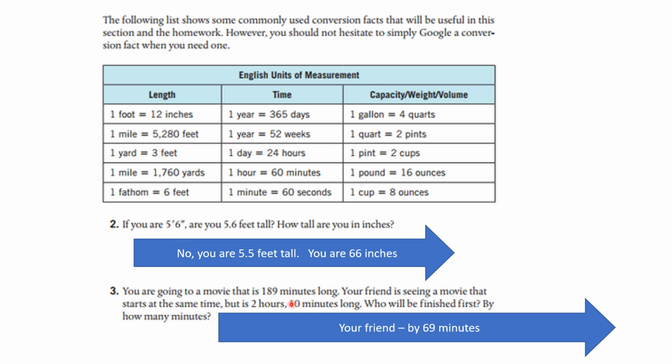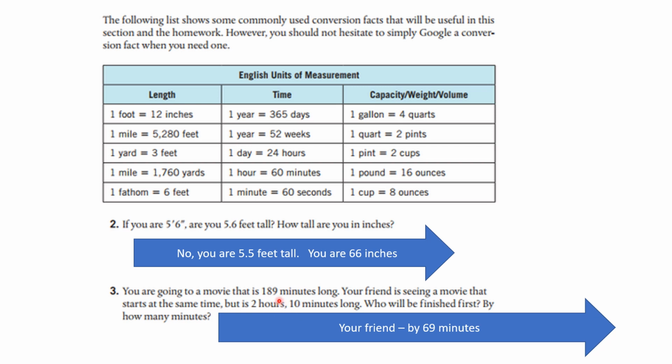Now, if you're going to this movie, what will happen is 189 minutes is 3 hours. That would be 180 minutes and 9 minutes more. That would be 3 hours and 9 minutes. Yours was 2 hours and 10 minutes. So you change both of these things to minutes. So this is 189 minutes. Yours is 2 hours is 120, and 10 more is 130.